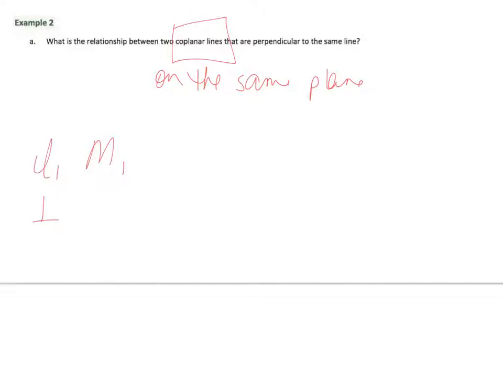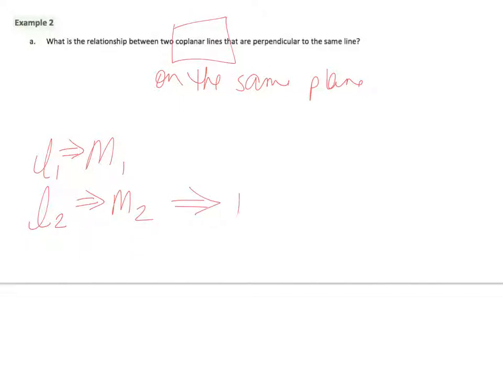All right, so into example 2. What is the relationship between two coplanar lines that are perpendicular to the same line? Coplanar just means they are on the same plane. The relationship is if you have a slope of m1 and you're perpendicular, so line 1 has a slope of m1, line 2 has a slope of m2.